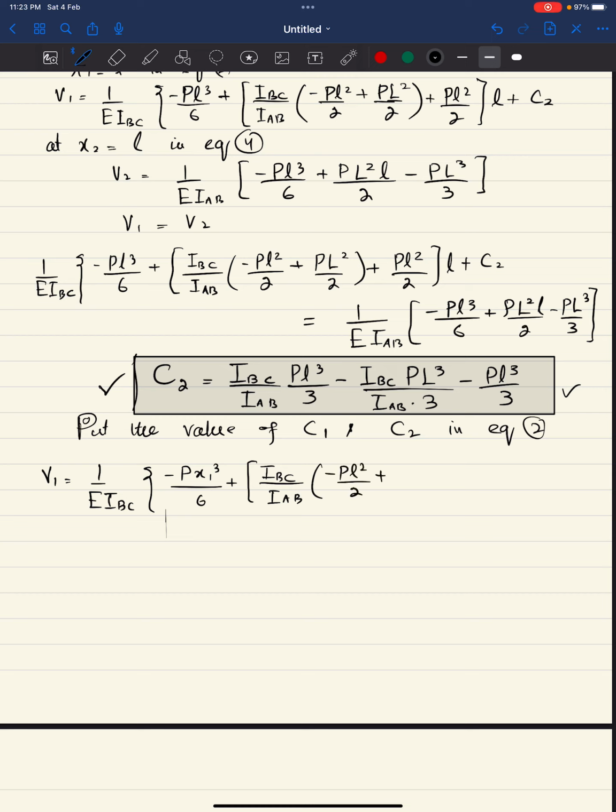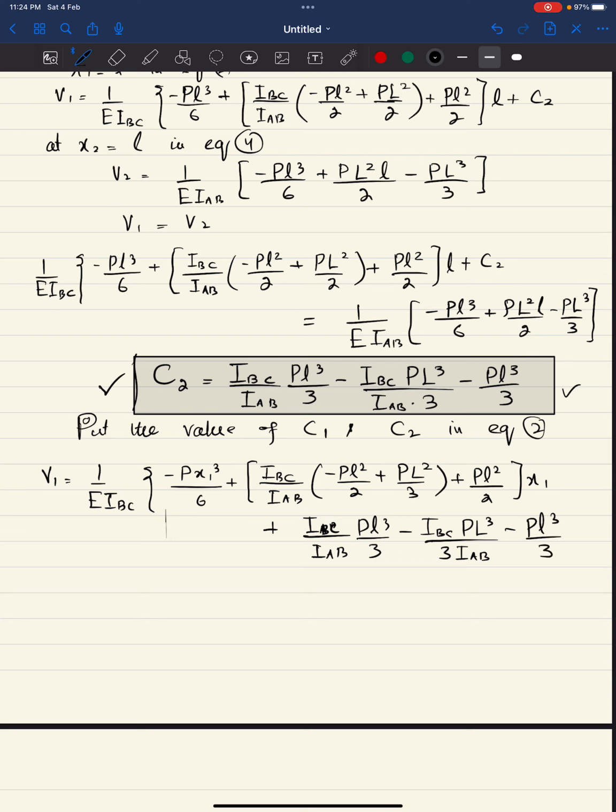You have to practice it as well so that you have a proper hold on this problem. PL square over 2 into x1 plus C2, which is IBC over IAB into PL cube over 3 minus IBC into PL cube over 3 IAB minus PL cube over 3.